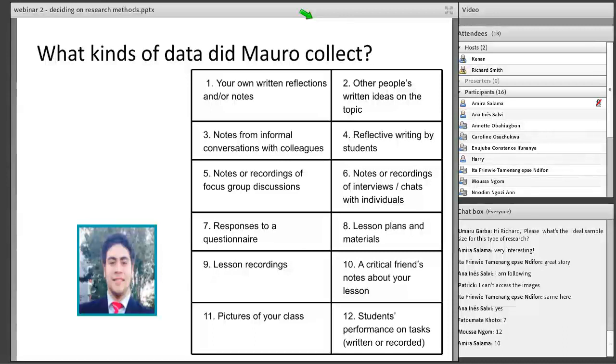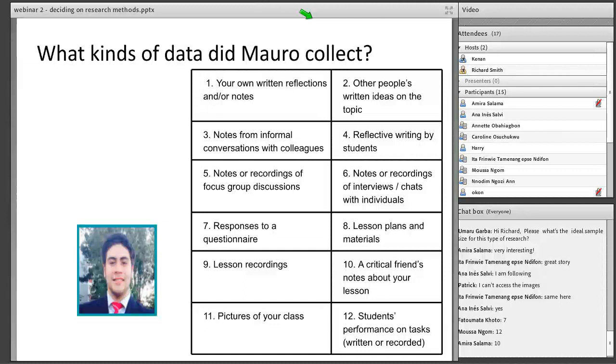He wasn't looking at that so much except right at the end, and he did look at that to see whether the pair work had improved their actual work. So you're right about that. I would say number 10. Yes, Amira, you said a critical friend's notes about your lesson. He was actually getting someone to watch the lesson and take notes, and that was how he looked at the behaviour at that time. Any more? He did make a recording, didn't he?